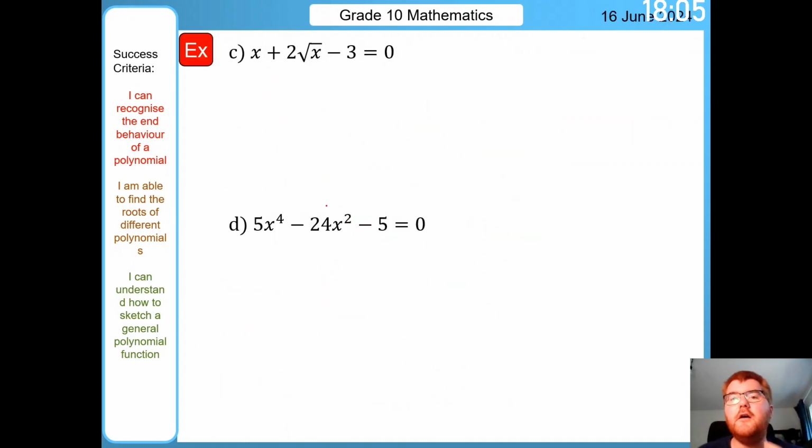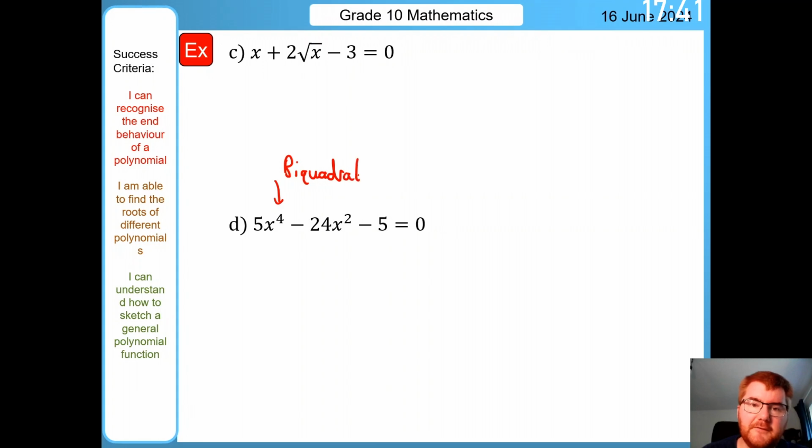Now, even though with some functions it can be quite hard to find the point where it crosses the x-axis, we can use quadratics to help us. So here, for example, this is a quartic, and we want to find where it crosses the x-axis. Notice we haven't actually been taught how to do this, but you can use what's known as a biquadratic equation.